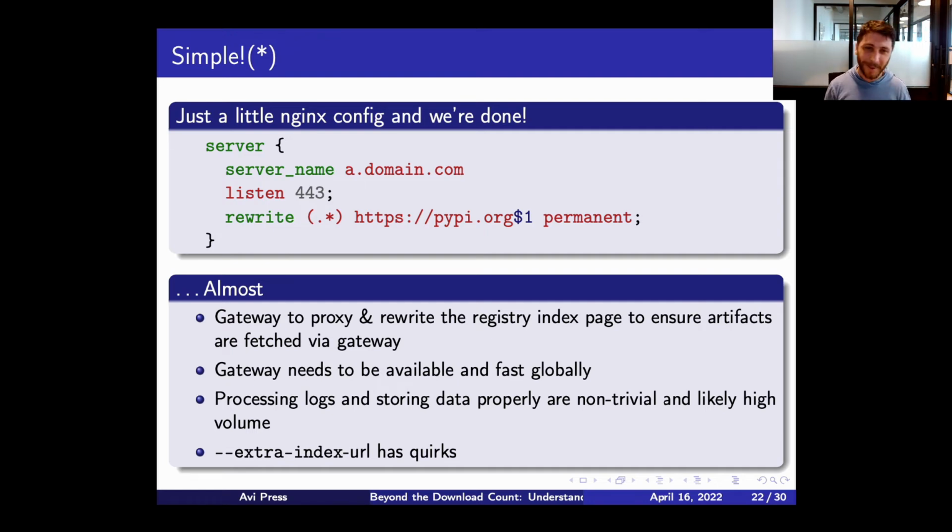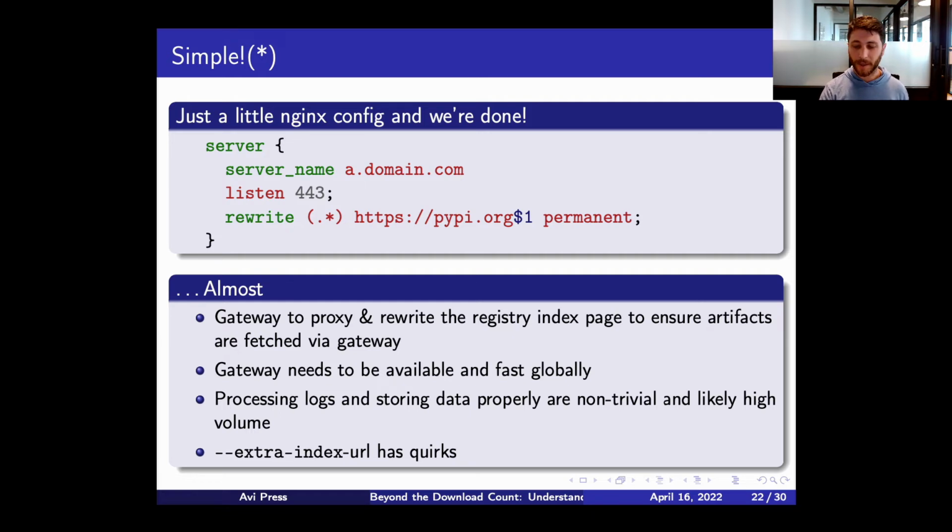It's almost that simple. The gateway actually does have to proxy and rewrite requests for the registry index so we can ensure that the artifacts the client actually fetches go to the gateway first. So there's one very small addition there, but a lot of the complexity comes from the infrastructure side.